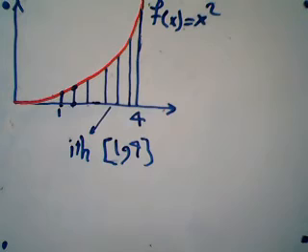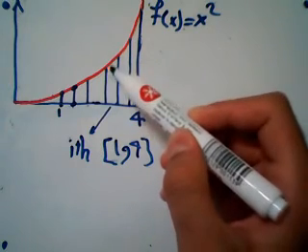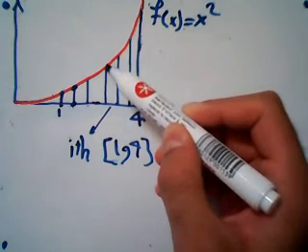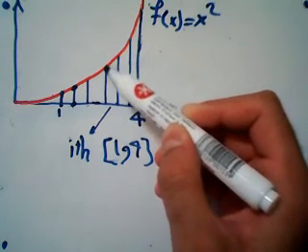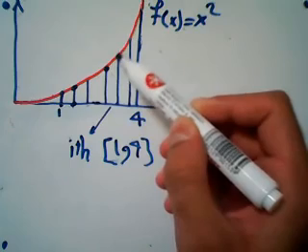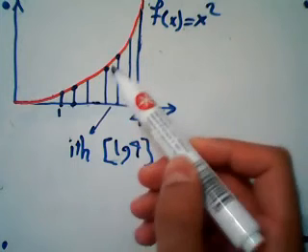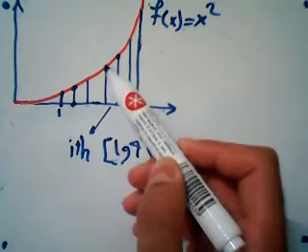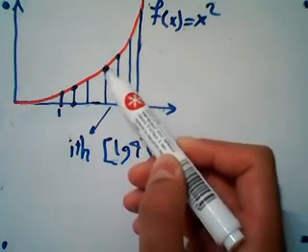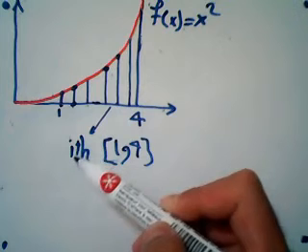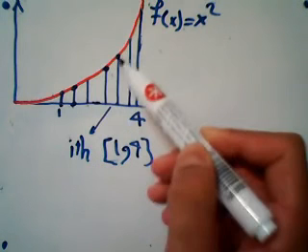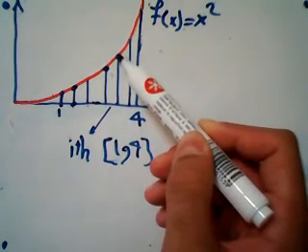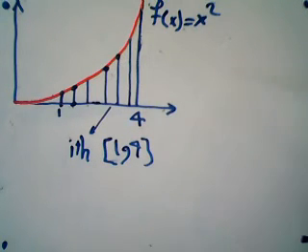This is the minimum and this is the maximum point. I mean the value of f of x here is minimum for the general ith interval, and at this point the value of f is maximum.